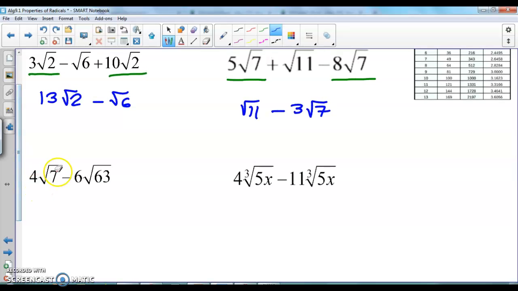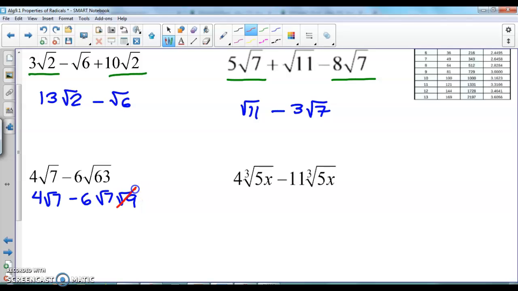Okay, next. 7 and 63. Is 7 a factor of 63? Yes, it is. 9 times 7 is 63, right? And we know that 9 is a perfect square, so let's do that. 4 radical 7 minus 6 radical 63. So we're going to break this down into 7 times 9. But what's the square root of 9?